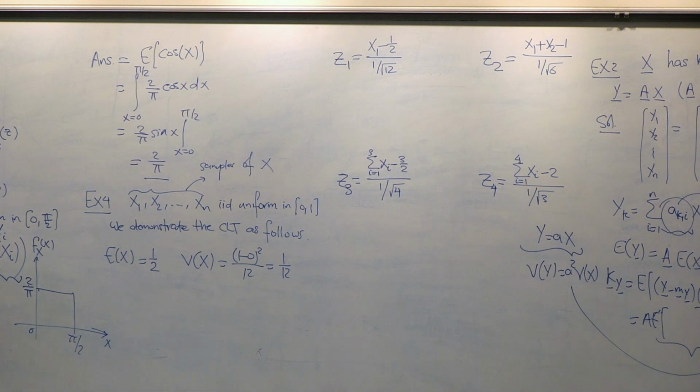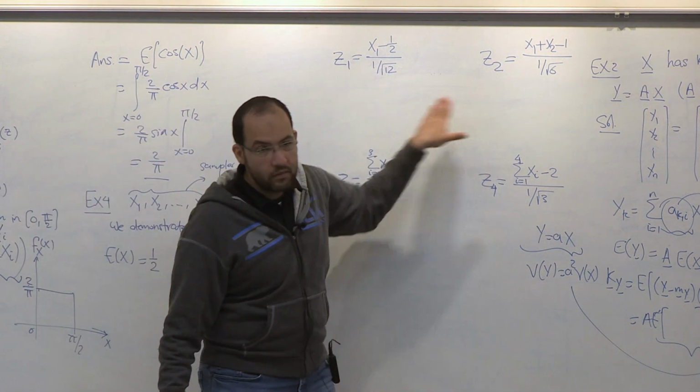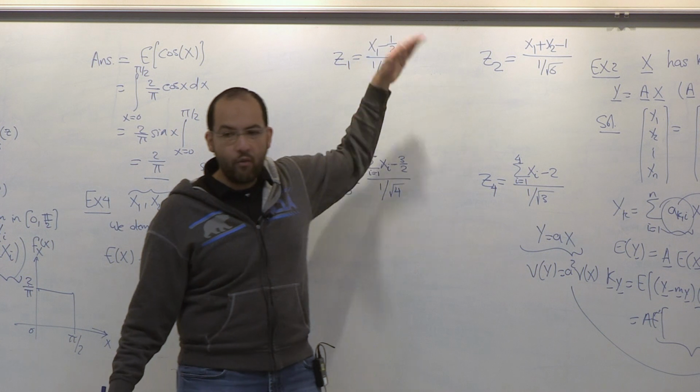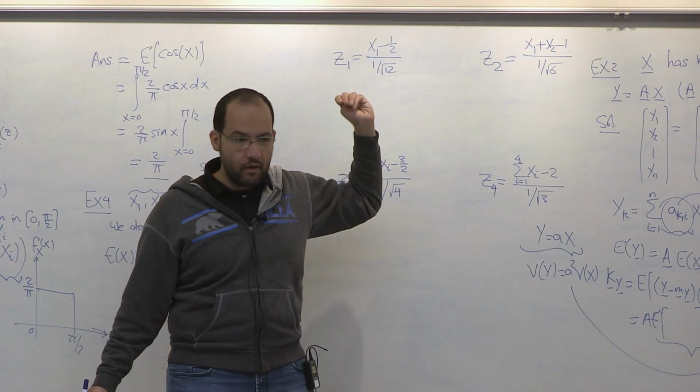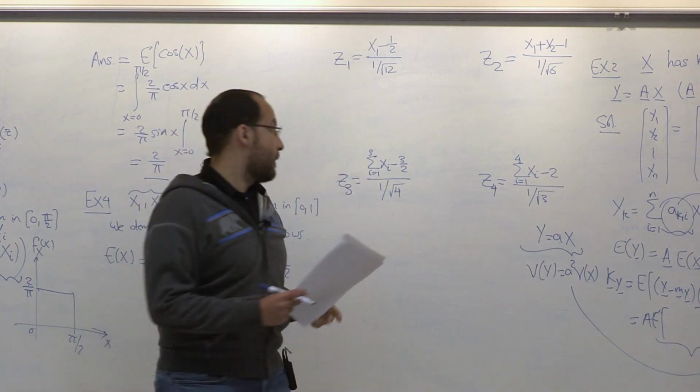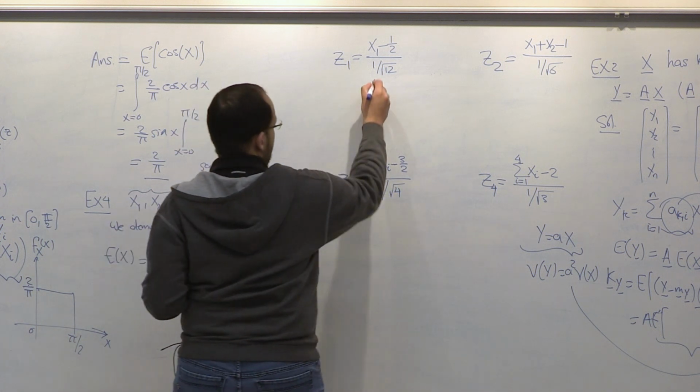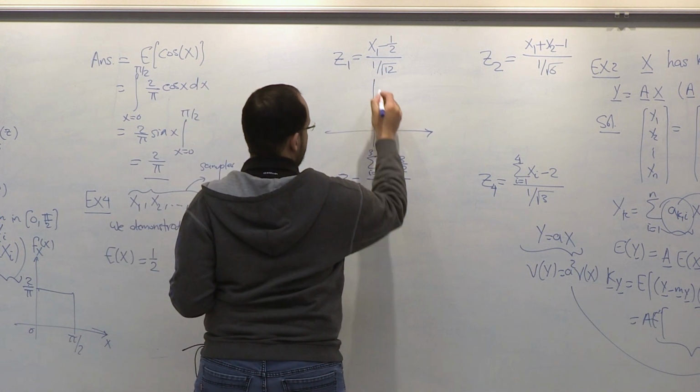First of all, is everybody following these z's? What are they? How we are constructing them? Everything? All right? This one is the simplest.